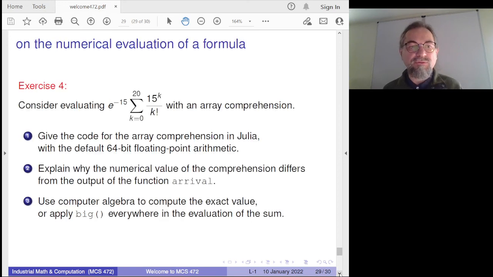So I'm going now to the exercise, in some sense returning to the array comprehension. And you're invited in this exercise to play with the array comprehension. By default, Julia uses 64-bit floating point arithmetic.